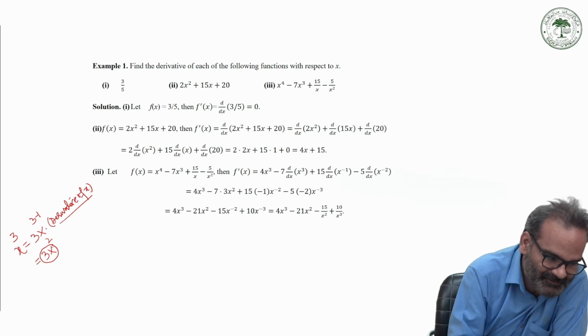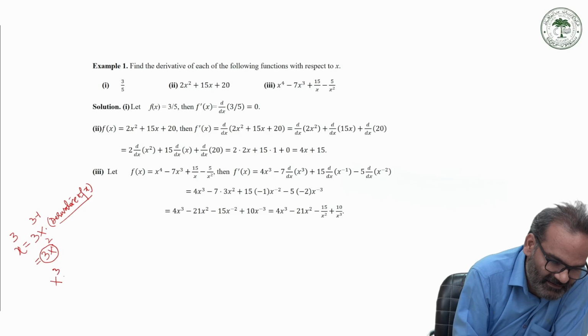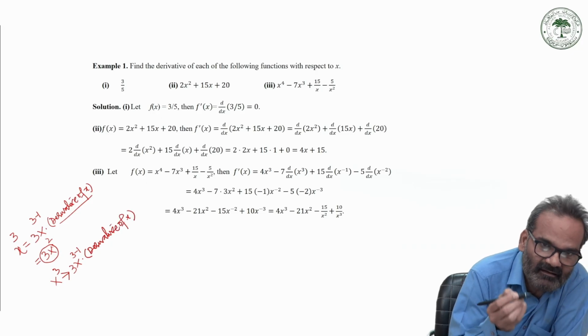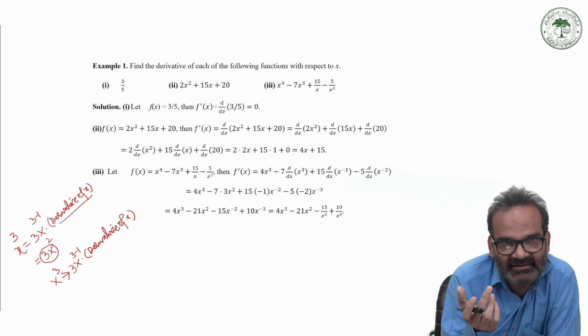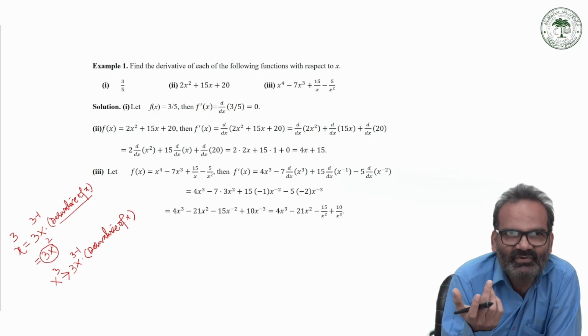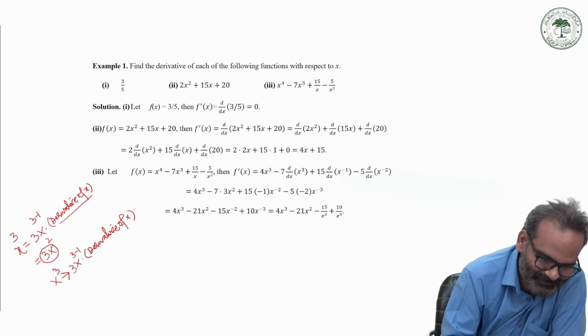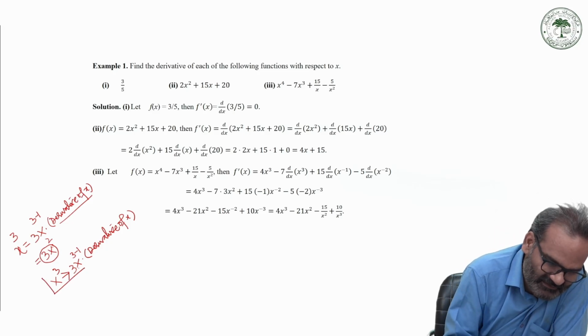Let me repeat. x power 3, this is equal to what? 3x power 3 minus 1 by the formula, into the derivative of x. But the derivative of x is 1, therefore we don't write it, right? So be careful. Likewise, if we have e raised to the power x, its derivative is what?